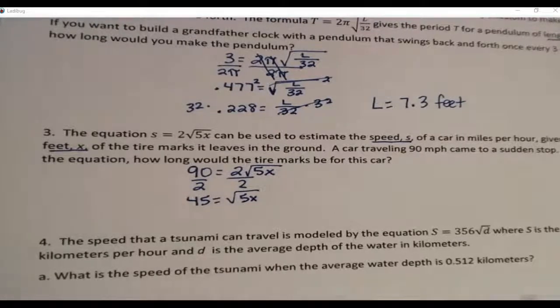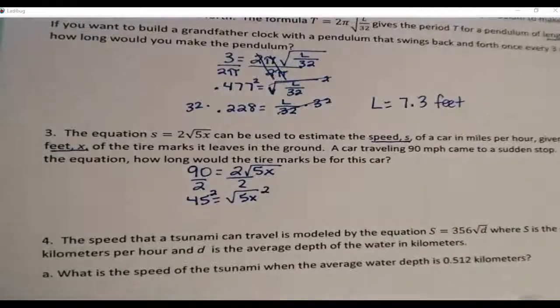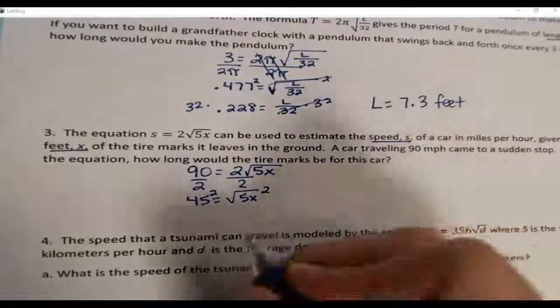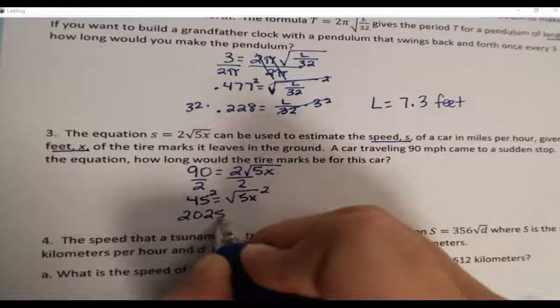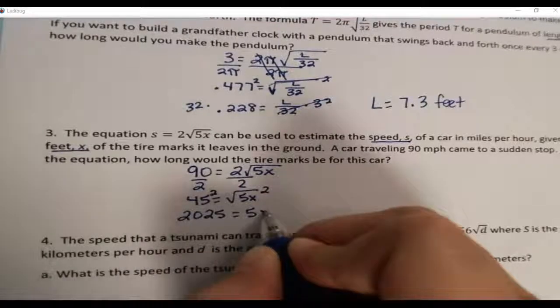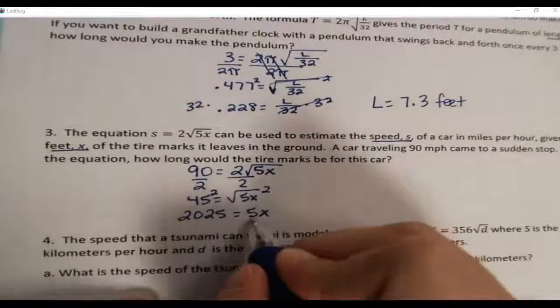Then what? Good. Square both sides. 45 squared is what? Good. 2025 equals 5x. Good. Divide by 5.